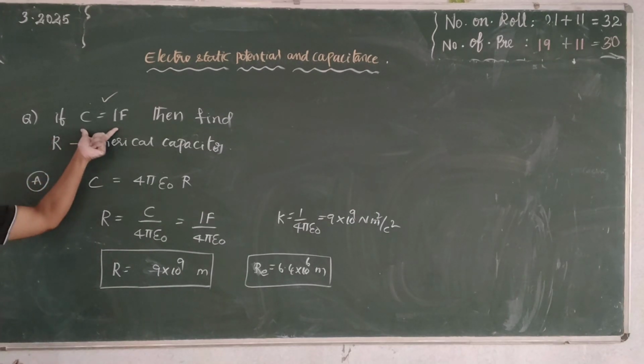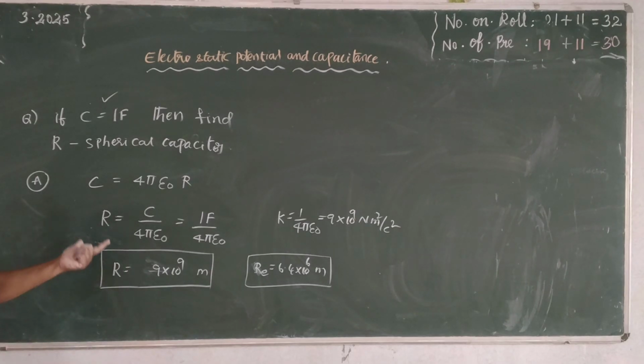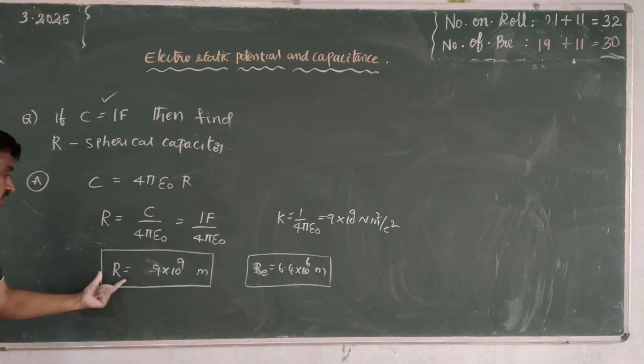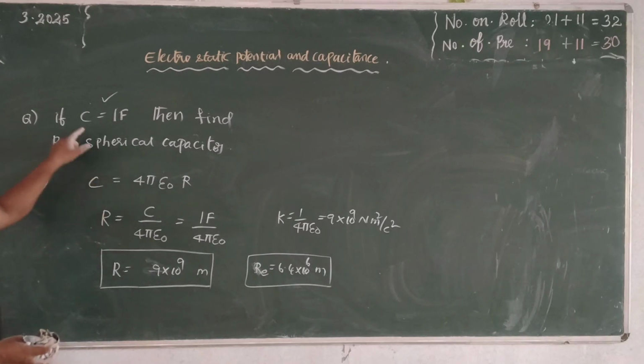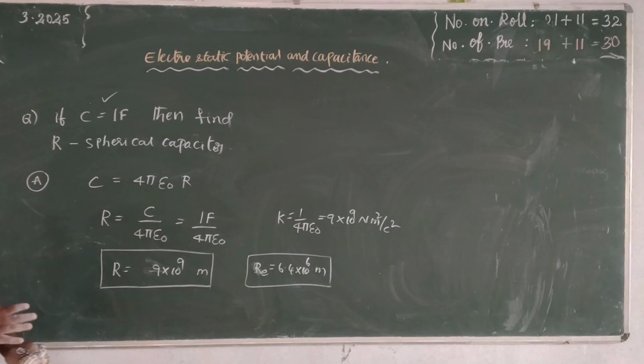Here C equals 1 farad. What is the radius of the spherical capacitor? R equals 9 into 10 power 9 meters. Only with such a large radius of sphere will it provide 1 farad. So we can say that a spherical capacitor provides less capacitance.